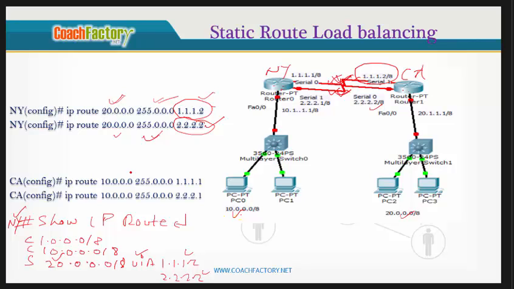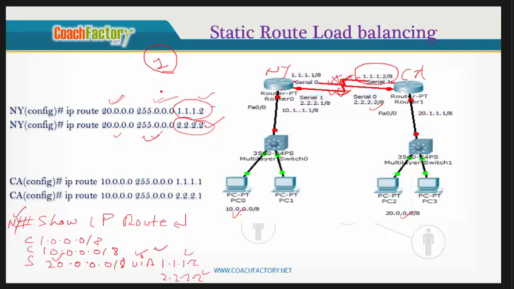Static routing has an administrative distance value of 1. So why is this router using both connections? Because both connections have the same administrative value. The lower the administrative value, the more the router trusts that particular protocol or mechanism.